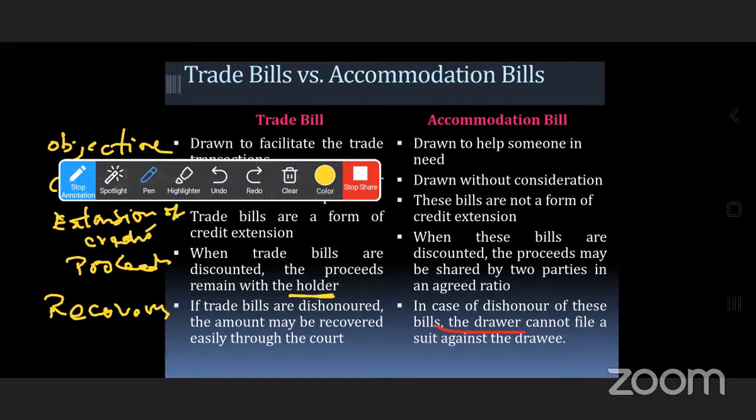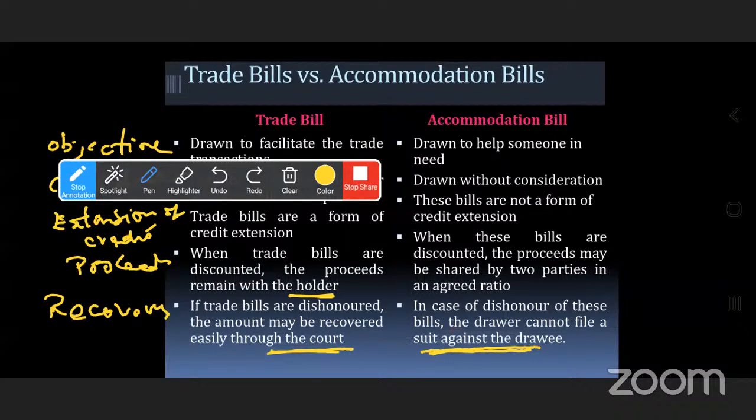In the case of accommodation bills, on dishonor, the drawer cannot file a suit against the drawer. Whereas in a trade bill, we can approach the court to recover the amount. But here, there may not be any say to go to the court. Understood?